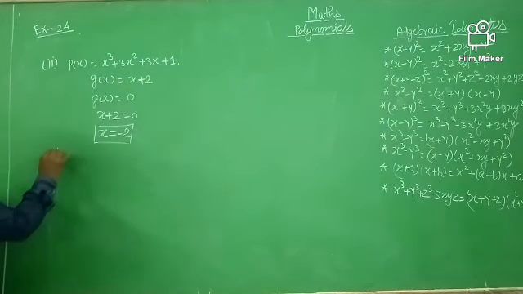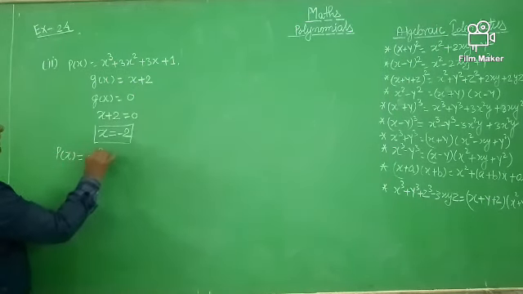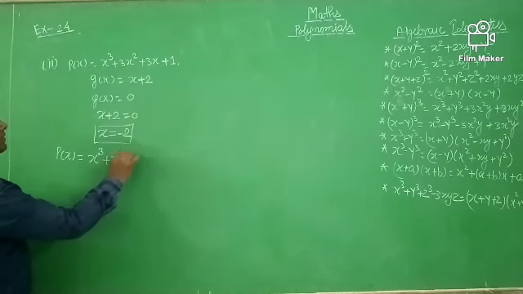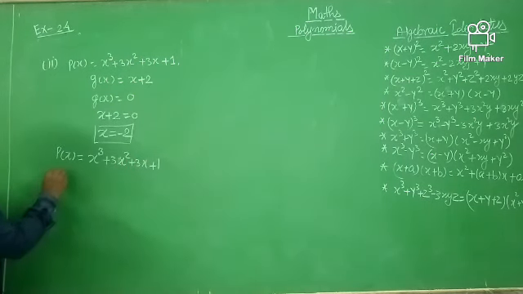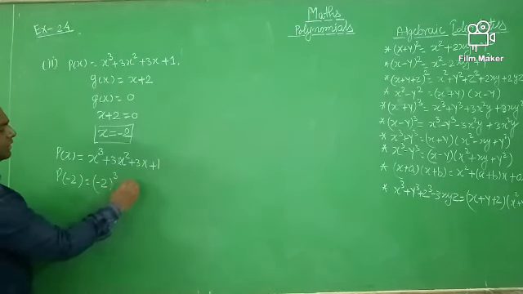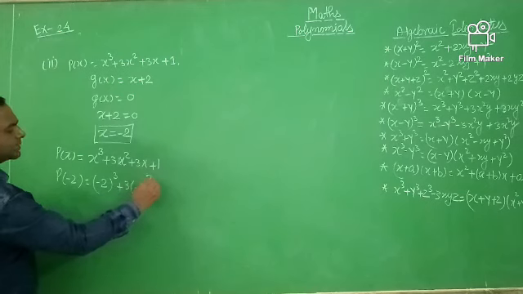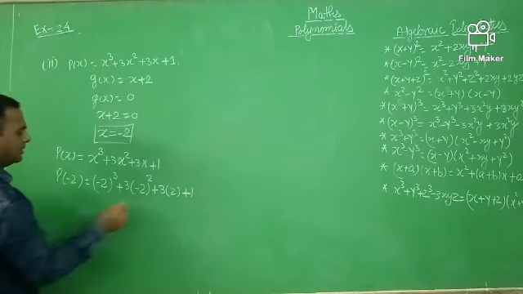Here I put x equal to minus 2 in the given polynomial. The polynomial p(x) is x cube plus 3x square plus 3x plus 1. So p(minus 2) is equal to (minus 2) cube plus 3 into (minus 2) square plus 3 into (minus 2) plus 1.